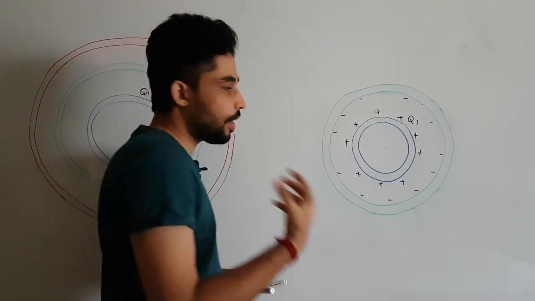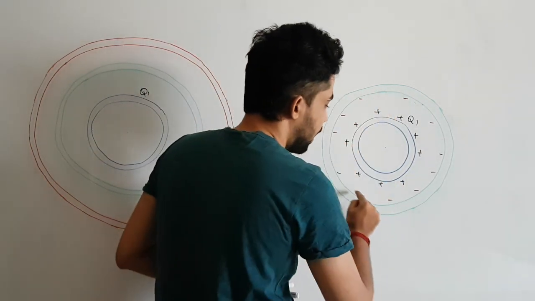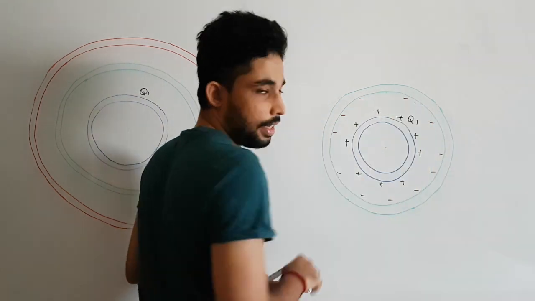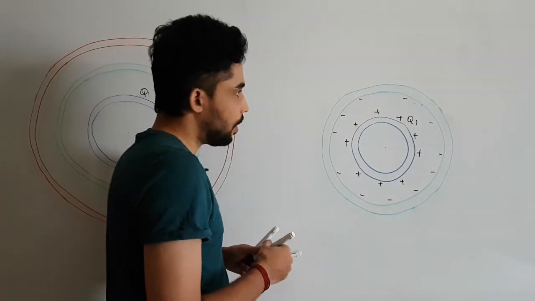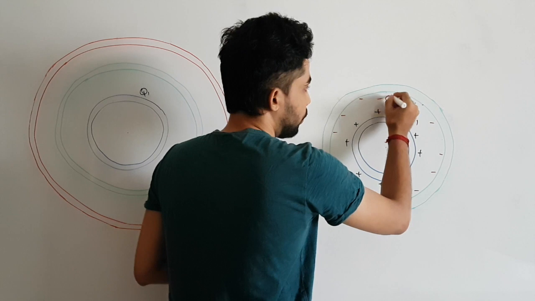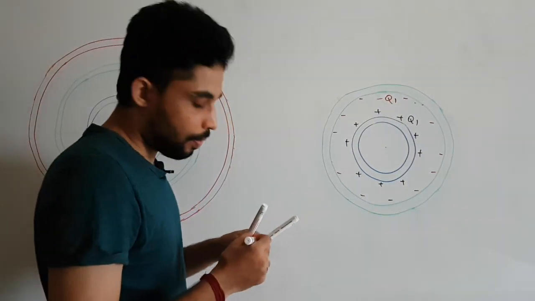Now exactly what amount of charge is getting collected on the inner surface? That should be equal to minus Q1.